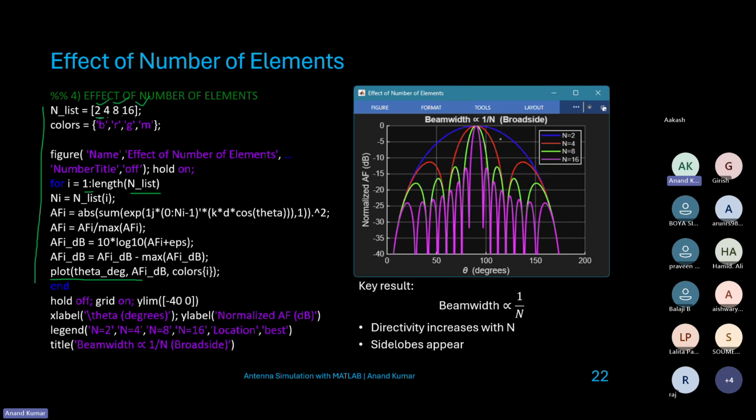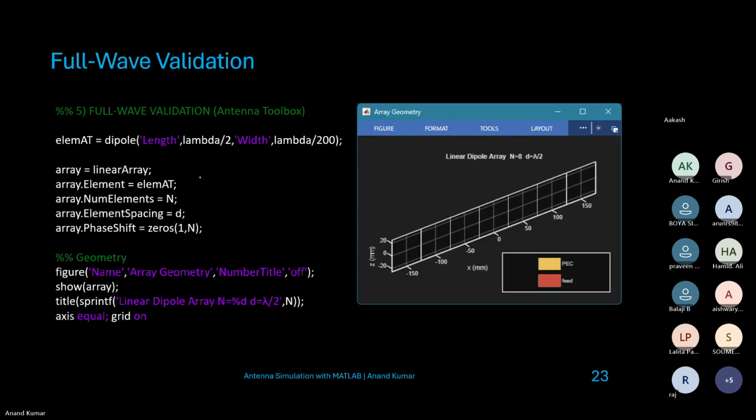If you keep increasing the number of elements, you will see your beam width becomes narrower, right? Your beams become narrower, and if you do a full EM simulation, you'll also see your gain will increase. This plot is normalized. If you do not normalize it and do a full EM, you'll see your gain also increases.